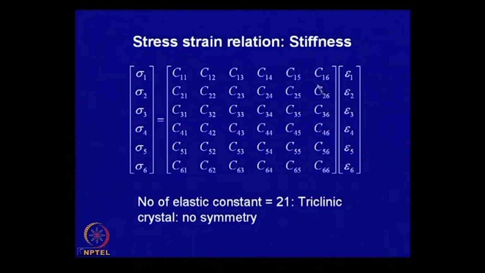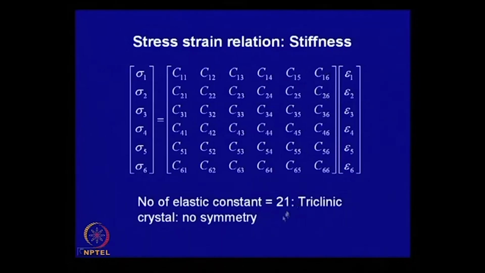What it means is that this 6 by 6 matrix is actually a symmetric matrix. So how many elastic constants do you have here? You can count this. The first row is 6, the second row 5, this row 4. Basically it is a sum of 1 plus 2 plus 3 plus 4 plus 5 plus 6, so it will be 21.